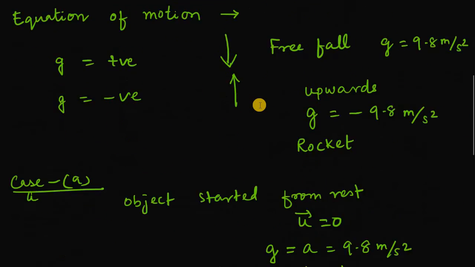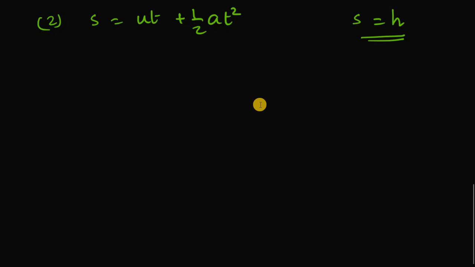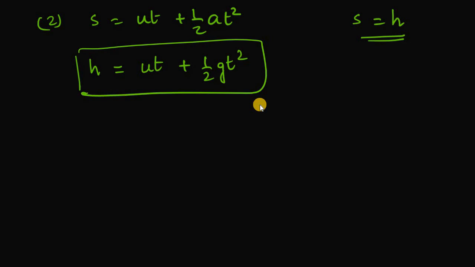So if we are going, then s equals ut plus half at square. We will take s as h, so it would be h equals ut plus half gt square. So this would be the formula. But if we are saying that u is 0, that means there is no ut term, of course.